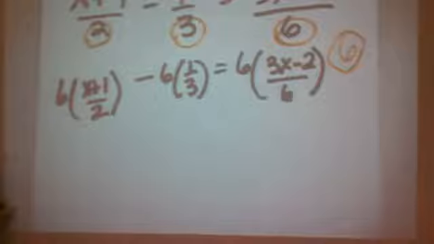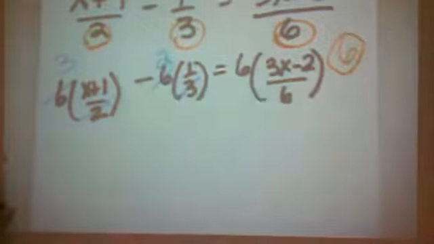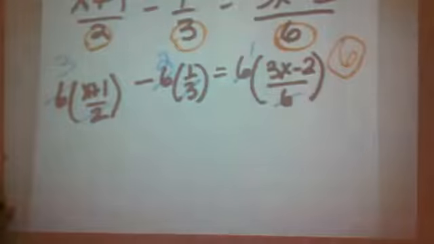In the first fraction, you can see that 2 will cancel and leave behind a 3. On the second one, 3 goes into 6 2 times. And on the last one, 6 cancels into itself and just leaves a 1 that we need to multiply by.